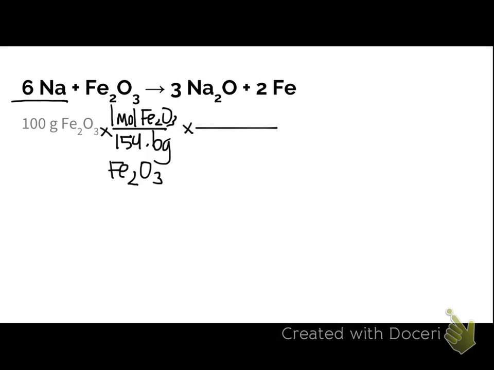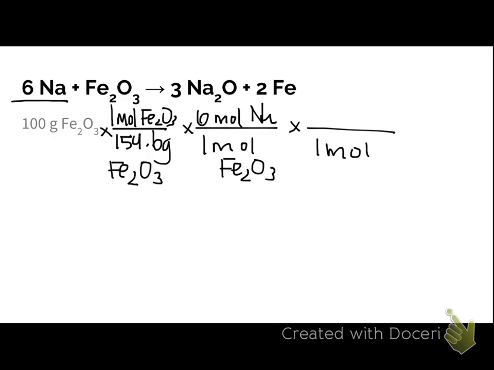Use that molar ratio, 1 to 6. And then 1 mole of sodium, 23 grams.